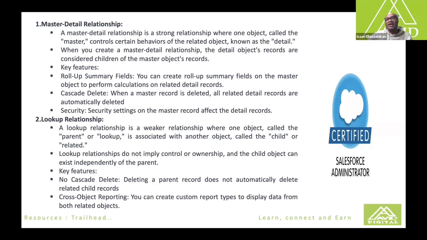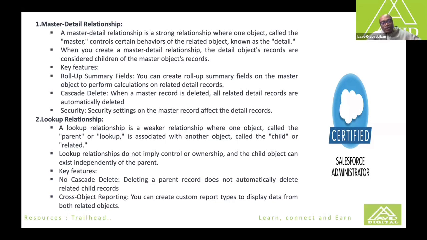So if you delete account, contact will not be deleted. But if it is account you delete, opportunity will be deleted immediately. So a lookup relationship does not have a cascading effect. Whenever it does not have a cascading effect, where what I do here leads to another one and causes trouble for it, then you can refer to it as a loose relationship called lookup relationship. No cascade delete effect. It does not automatically delete the child objects.